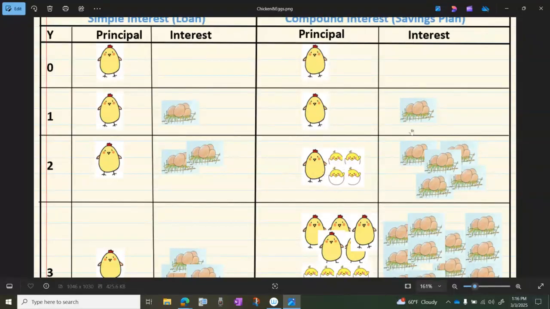What happened is, since your eggs became chickens at the beginning of year 2, your principal grows. From 1 chicken, now 5 chickens. More chickens, of course, give you more eggs. During year 2, you will have 20 eggs, okay?